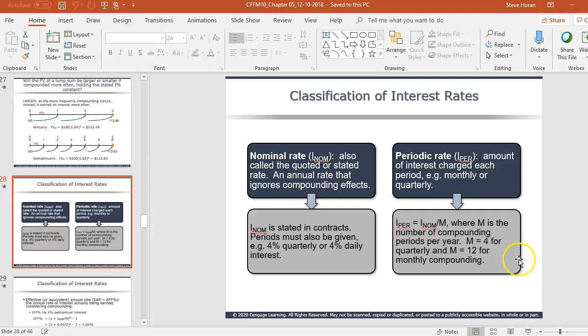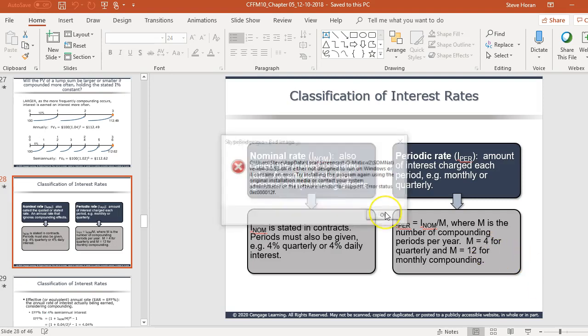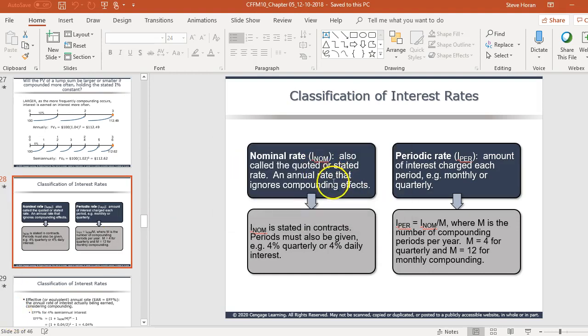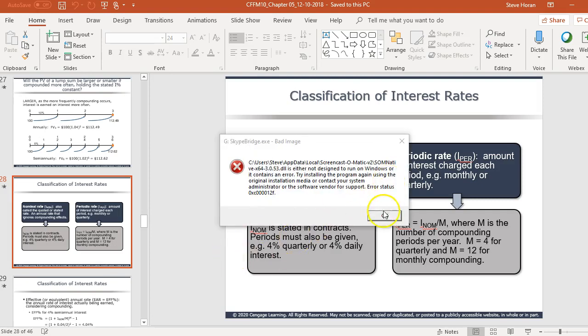Okay, it's also called the quoted or stated rate. And it's the annual rate that ignores compounding effects. But the periodic rate now takes into account compounding. So the question for that CD would be, how often is the bank compounding for me? That would be the big question I'd want answered.